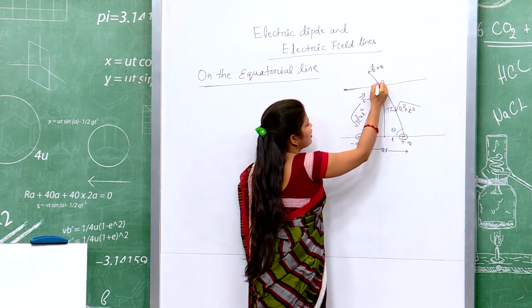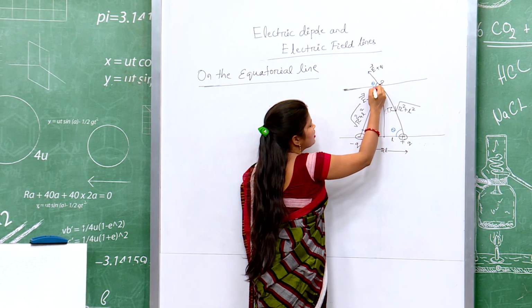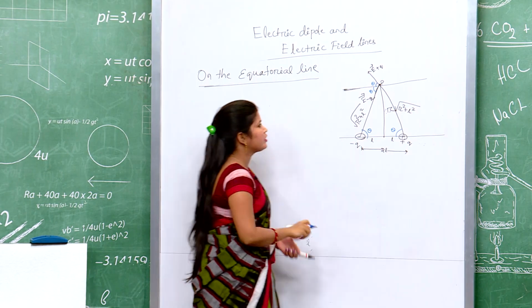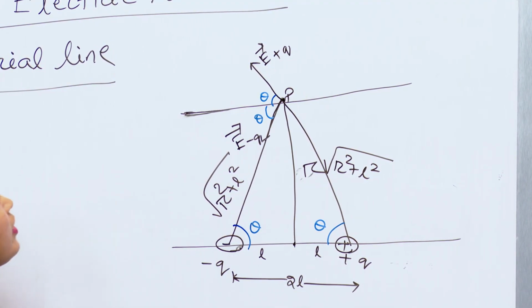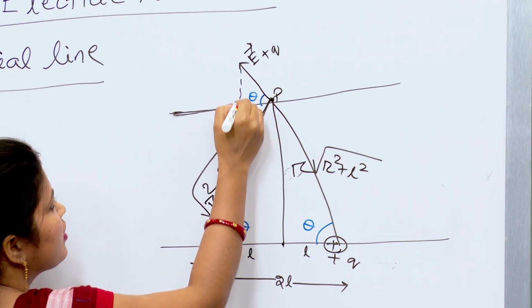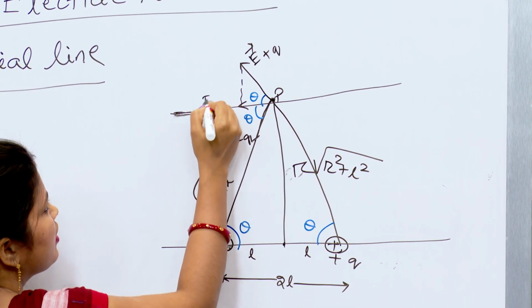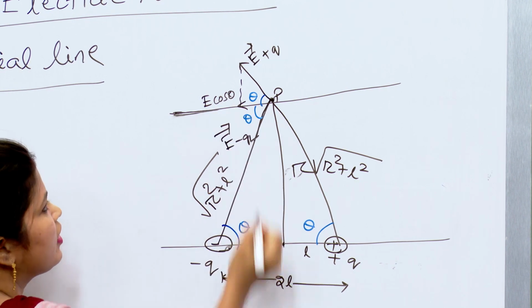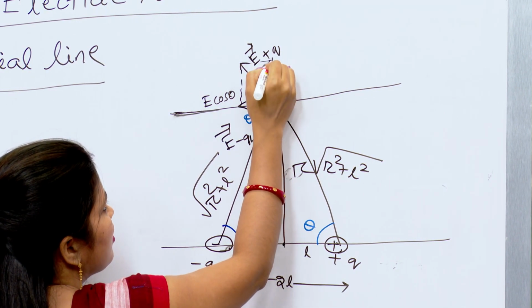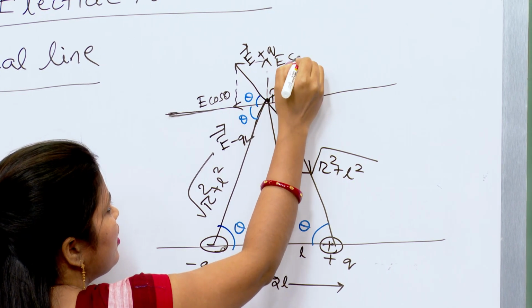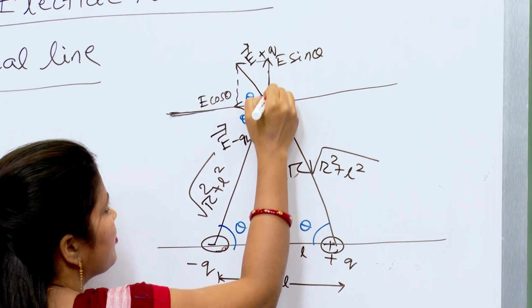So, this angle will also be theta and this angle will also be theta. So, on resolving E plus q, it will give E cos theta, and another component will be E sin theta.